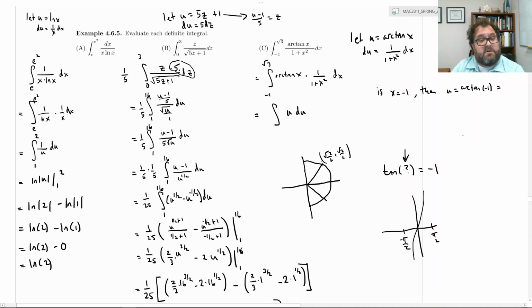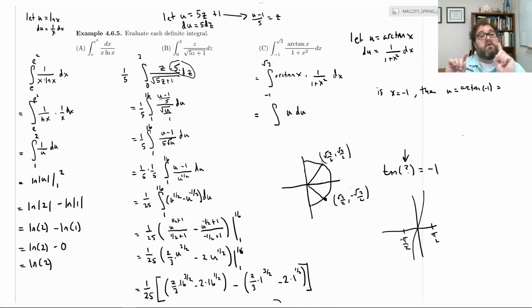And what do you see? The ratio of the x and the y coordinate is 1. Now we want negative 1, so that's not going to work. What about down here? The coordinates are root 2 over 2 comma negative root 2 over 2, and if you take the ratio of the x and the y coordinate, you get negative 1. Now, what is that angle?